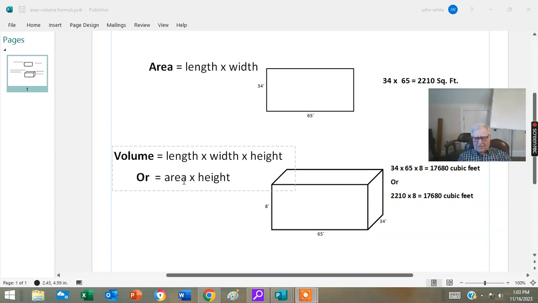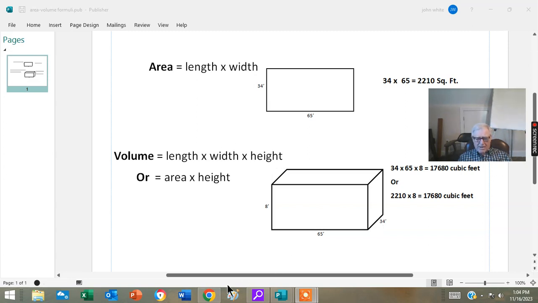You take the area times the height, which is 2,210 times 8, and you still come up with 17,680 cubic feet. Just remember, area is length times width, volume is length times width times height. That's all the math you've got to know to do a load calculation. Now, you might have to do it a number of times to where it becomes ad nauseam, but nevertheless, that's the only math you need to know.